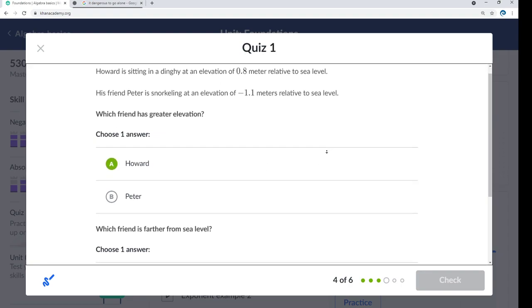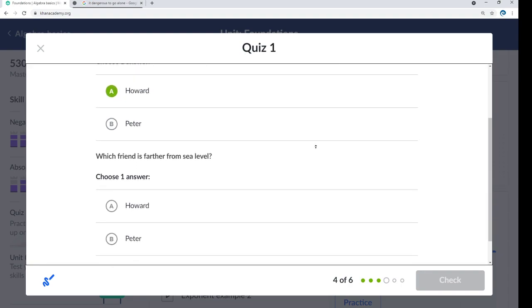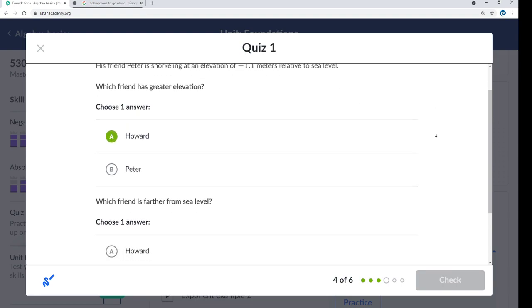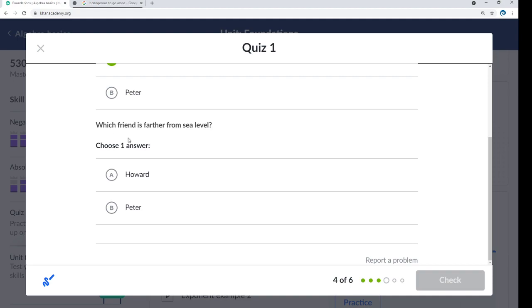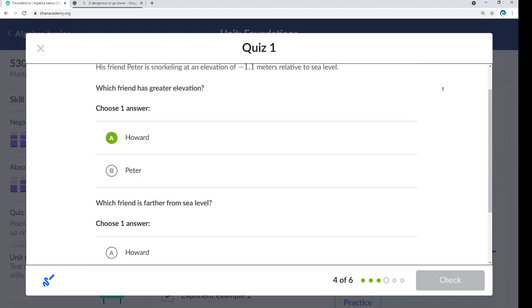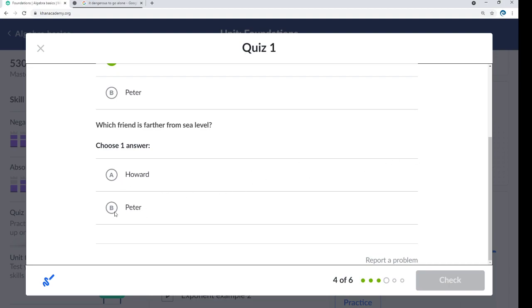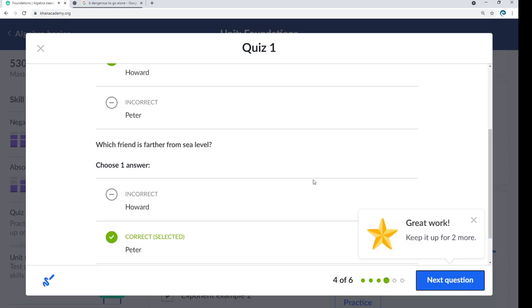Which friend is farther from sea level? Well, that is going to go to Peter, right? This is back to the absolute values, 0.8 and 1.1. 1.1 is the greater distance from 0. So that's going to go to Peter. Go, Peter!